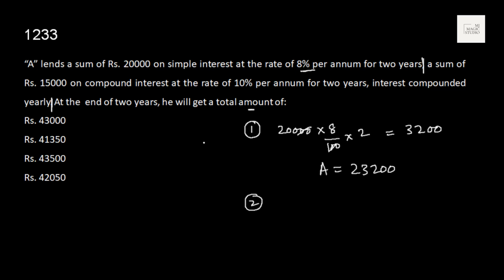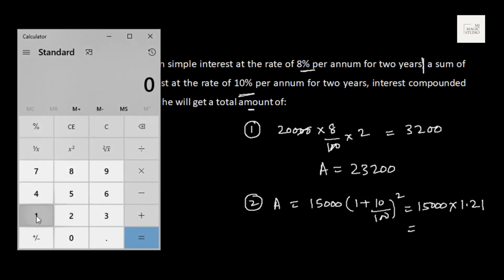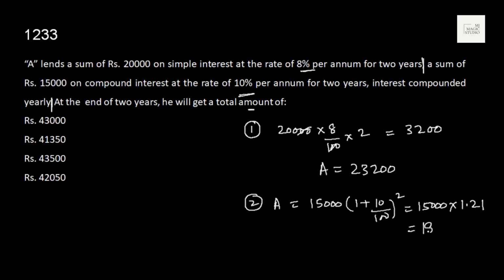From the second part, the amount would be 15,000 into 1 plus 10 by 100 to the power 2, that is 15,000 into 1.21, which is 18,150.